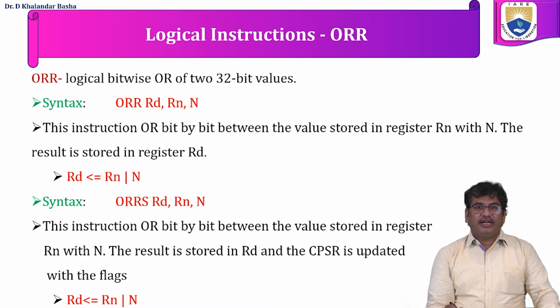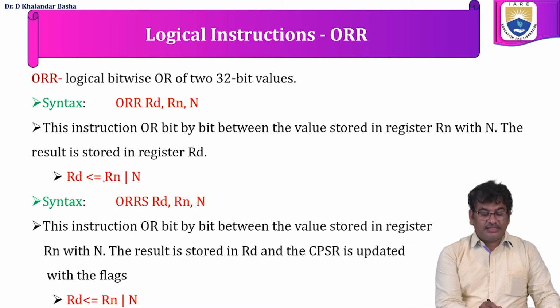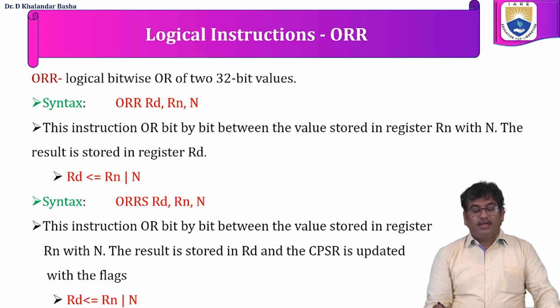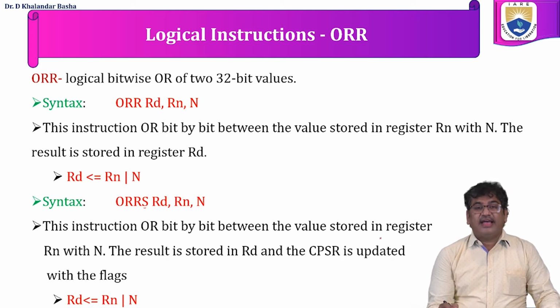The functionality we can describe as Rd is assigned with the logical OR operation between Rn register and the value of N. If S is added as suffix for ORR instruction, apart from doing the OR operation between Rn and N, the result will be moved into Rd. Apart from that, it will update the flags in the CPSR register based upon the result.